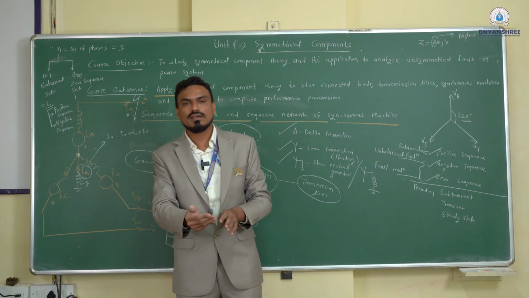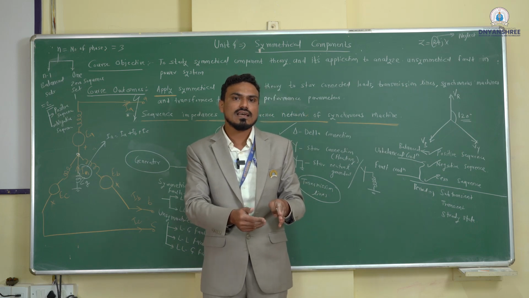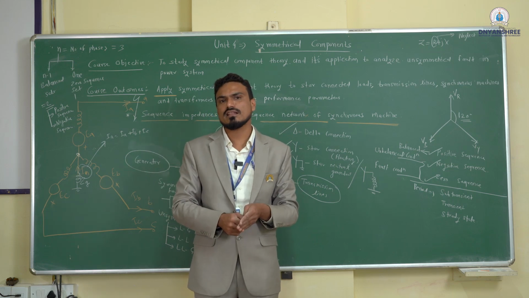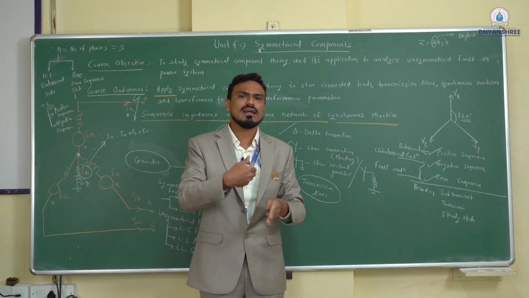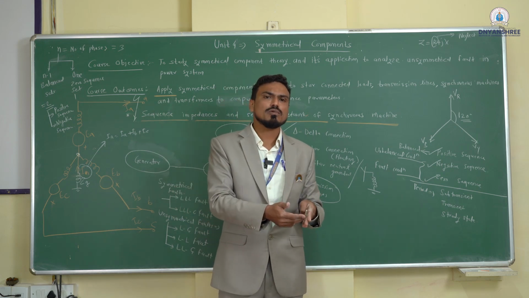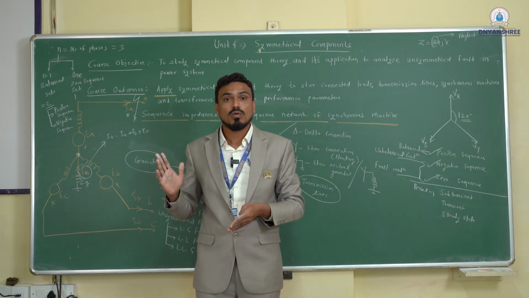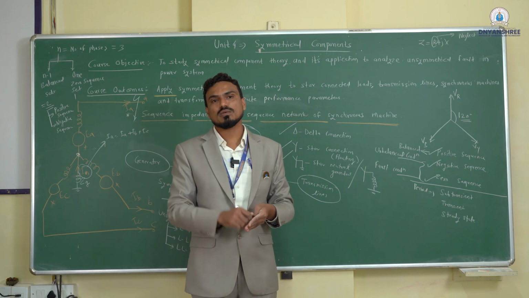Suppose the generator has a symmetrical winding with phase sequence RYB. Then we expect the positive sequence to be RYB as well. Or, if it is ABC, then here also ABC. In the negative sequence component it is exactly vice versa.